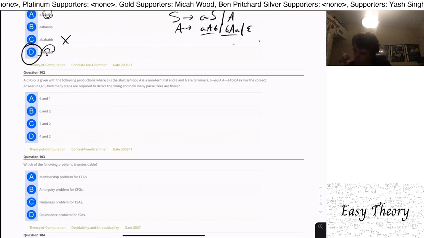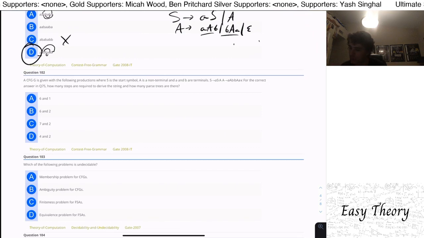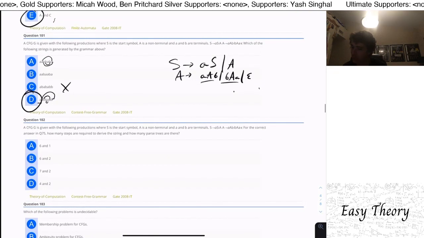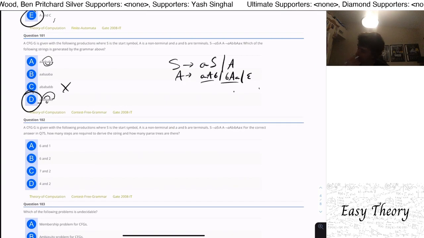CFG G is given with the following productions. For the correct answer, how many steps were required to derive? So I guess for this last one, how many parse trees are there? Well, there can only be one because you always will generate a character each time.